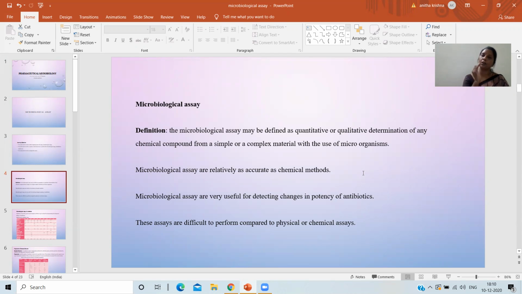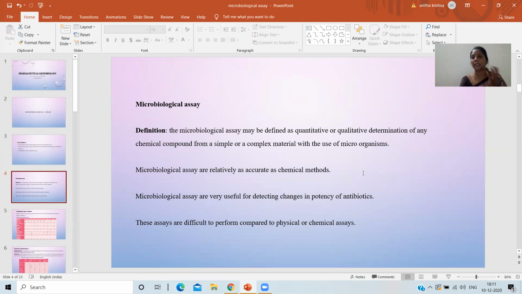Microbiological assays are relatively as accurate as chemical methods. These are simple, specific, and inexpensive, and at the same time, convenient to carry out. Compared with biological assays, microbiological assays have certain advantages.